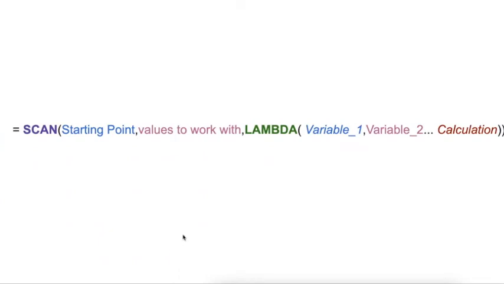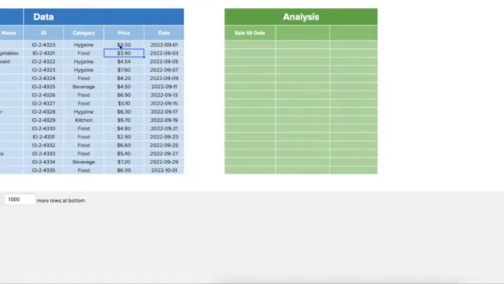All right, so the scan function is made up of three important parts. When you write equals scan, the first part is the starting point or the initial value. As I showed you in this data, you may see that $3 is the first value, but technically you are starting with $0 in your hand. It's only at the end of the 1st of September that you made $3.